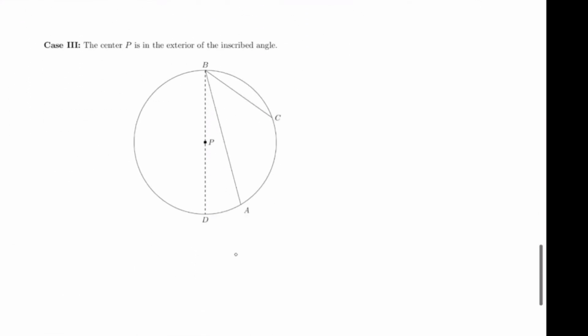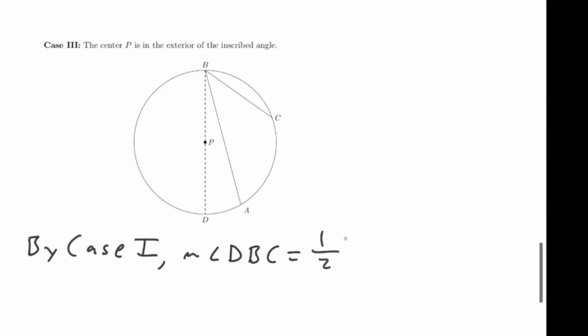Now, the last case is if both of the sides of the inscribed angle are on the same side of the diameter. Naturally, we can just use case 1 again. By case 1, I know the measure of angle DBC is equal to 1/2 the measure of arc DC, and the measure of angle DBA is equal to 1/2 the measure of arc DA.